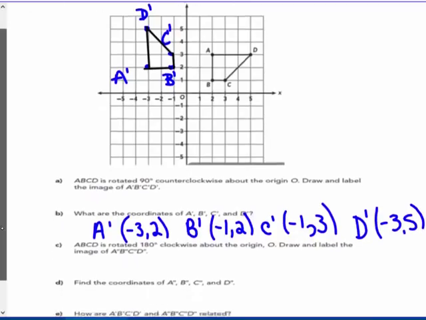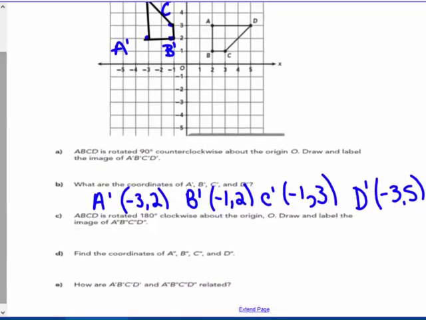Okay, part C says, ABCD is rotated 180 degrees clockwise about the origin, O. Draw and label the image A double prime, B double prime, C double prime, D double prime. So when I go 180 degrees, it's going to flip upside down.